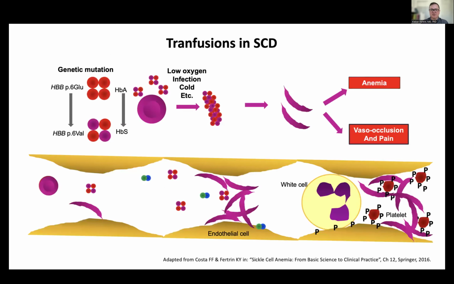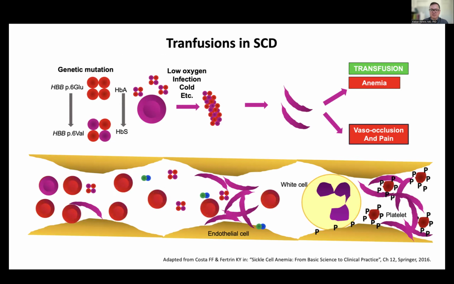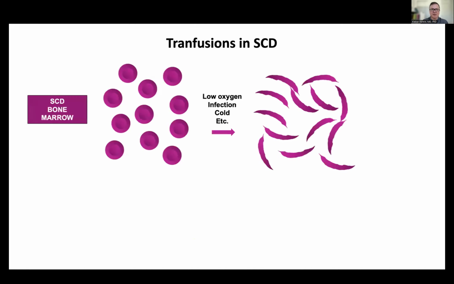Transfusions in sickle cell disease will essentially only dilute the sickle cells. So I want to represent this in this chart just by showing how it would look. It's not that you're removing or unsickling red cells, you're just diluting the sickle red cells and also allowing the patient to transport more oxygen, which is always beneficial.